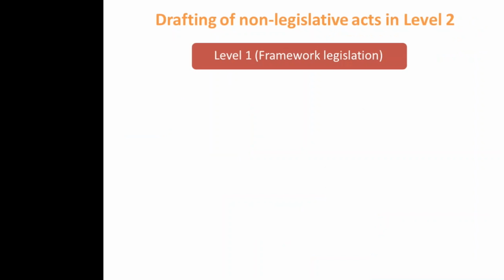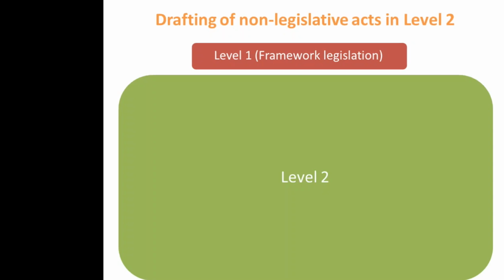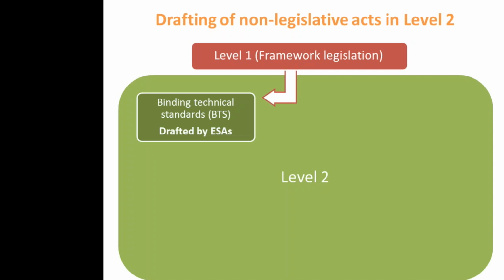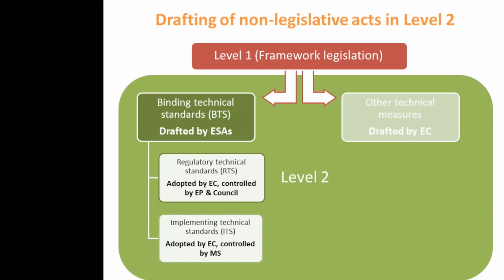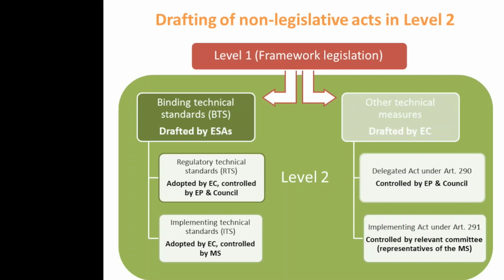This is important to note: always in the framework legislation the delegation has to be stated clearly. And then I think it will be easier to understand how to divide the level 2s into binding technical standards and other technical measures. Because the treaty base is always the same.